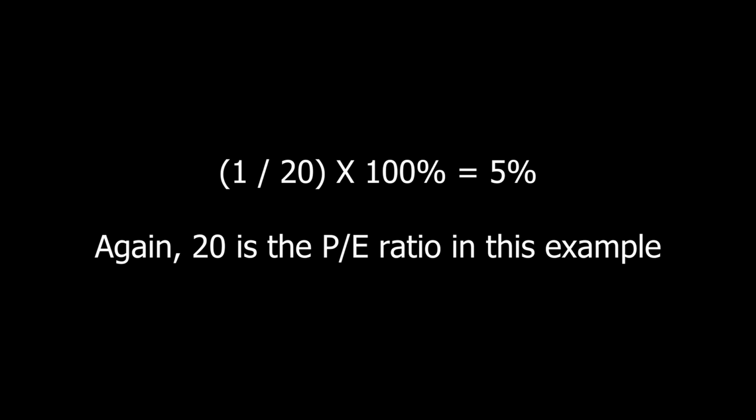Now, the fast way to do this calculation is simply to divide 1 by the price to earnings ratio, and I promise that this works every single time. So check this out. 1 divided by 20 multiplied by 100% equals 5%, just like that, which is the exact same thing as typing in all of the actual values of the price of the business and its annual earnings.